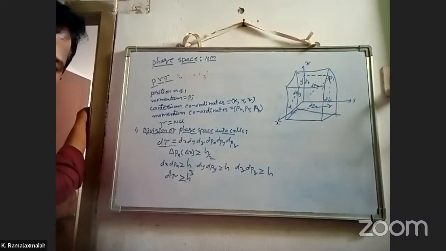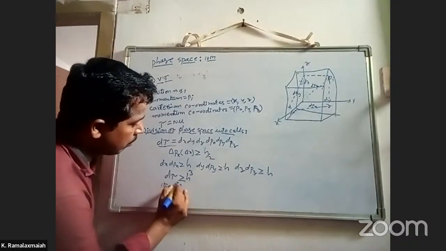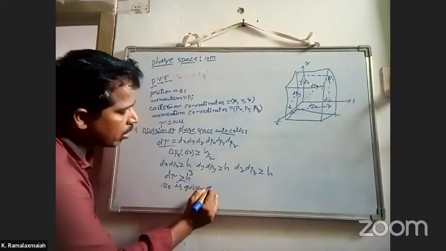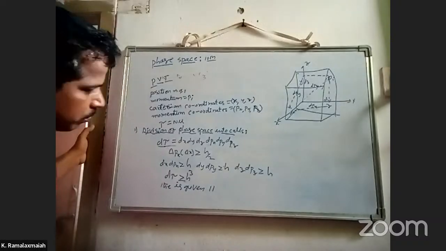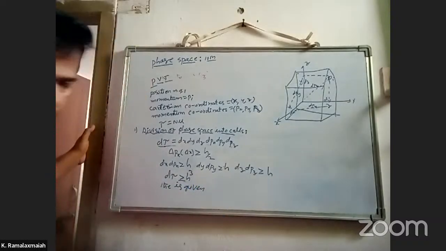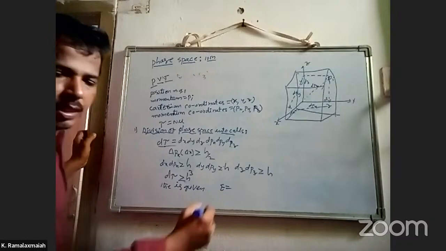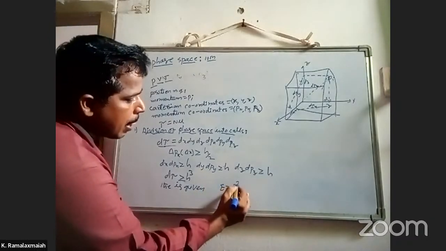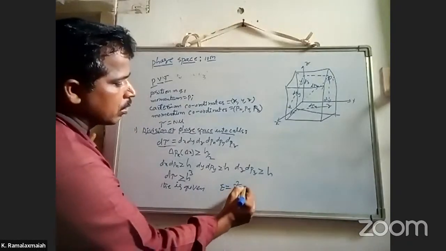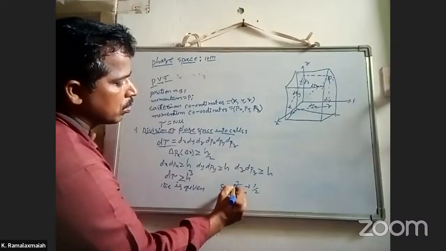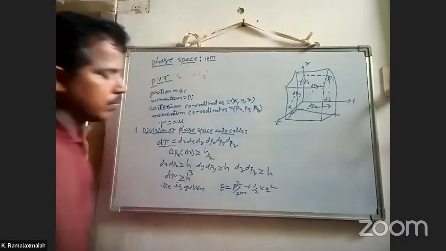The energy is given by E is equal to p square by 2m plus 1 by 2 k q square.